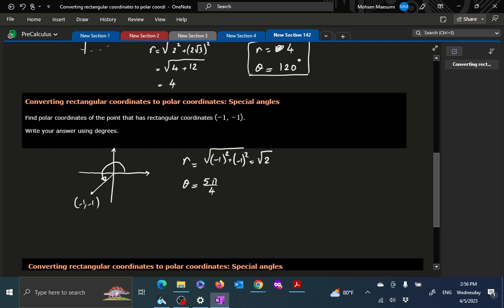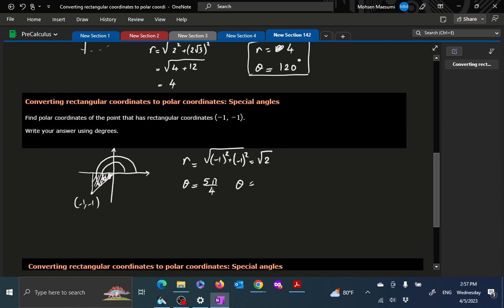If you want to go about it a longer way, make this triangle. Sides of it are 1, therefore this angle will be 45 degrees here. And then adjust it so that the angle you give is the polar angle. For the polar angle, you have to start from the x-axis and end up at that destination. So you have to add 180 degrees to this.